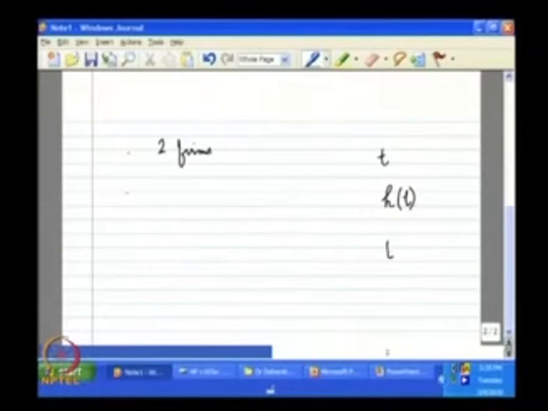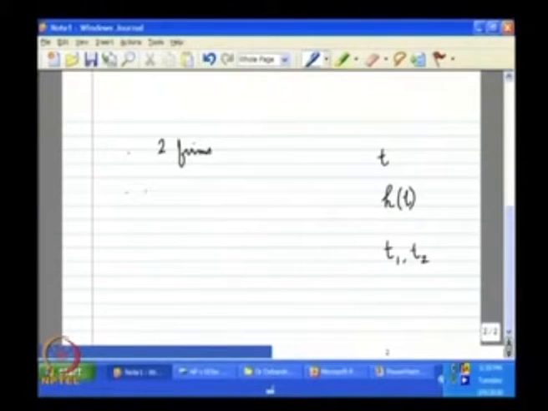So, t is something which I shall decide on. In particular, t can take two values, t1 and t2. t1 is the time that firm 1 has decided it will spend on developing the product. t2 is the time that firm 2 decides to spend on developing the product. So, t1 and t2 are the decision variables.